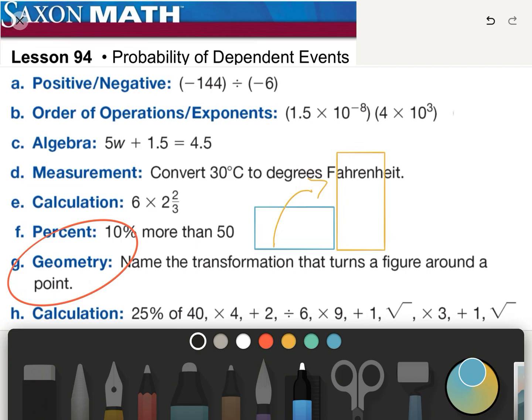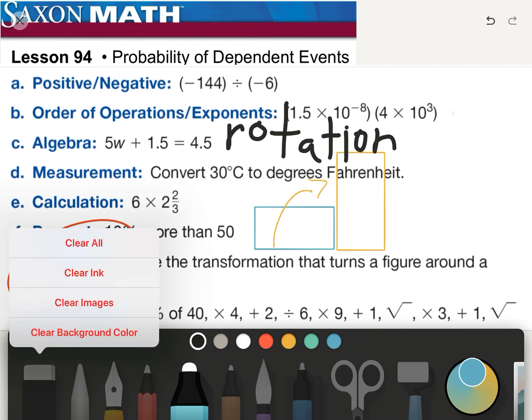We call it rotation. This one actually makes a lot of sense in our regular English vernacular. You're just rotating it. So it's rotation.